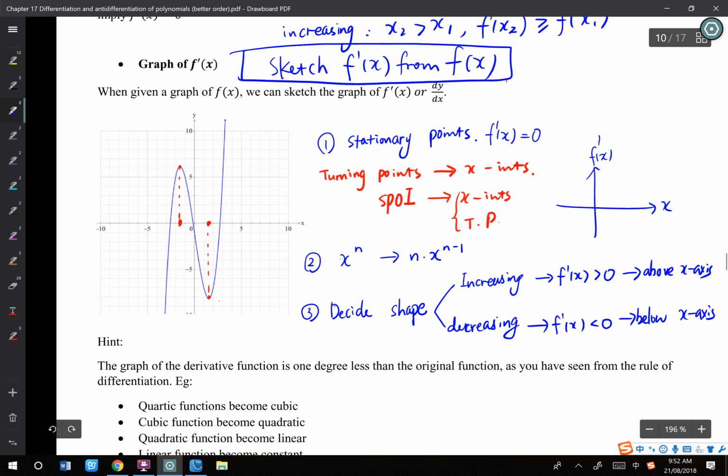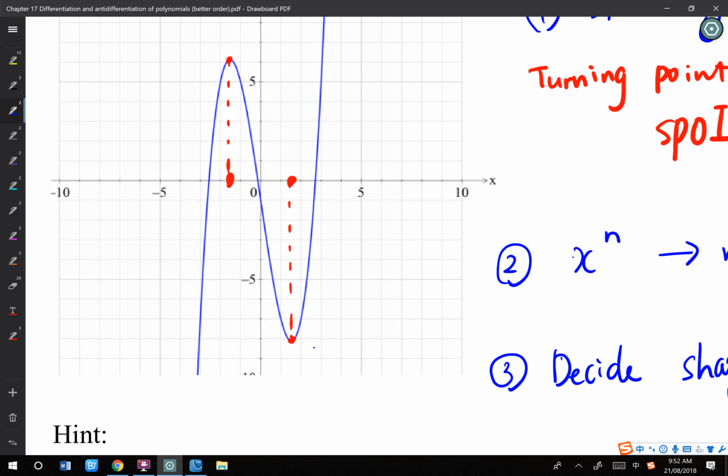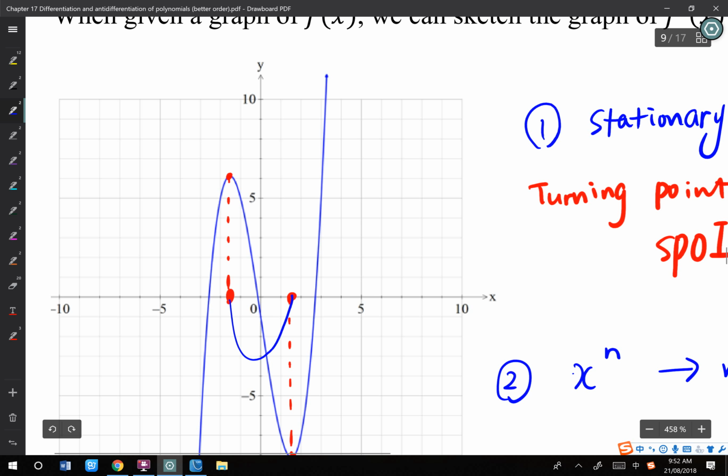So in between the 2 points, do I have a negative derivative, right? So it should be below the x-axis, in between here to here. So my graph will definitely look like this. I don't know the exact scale, but the shape will be something like this.